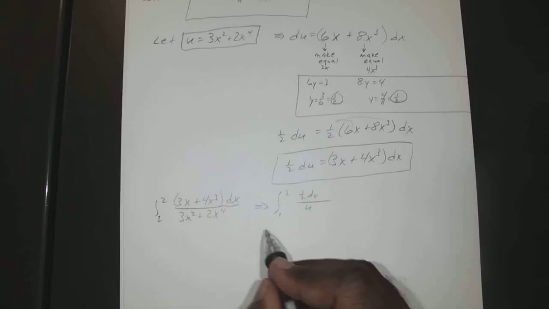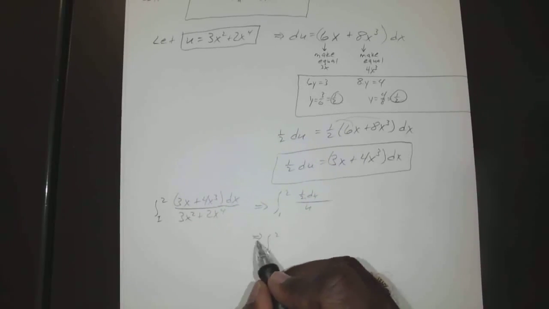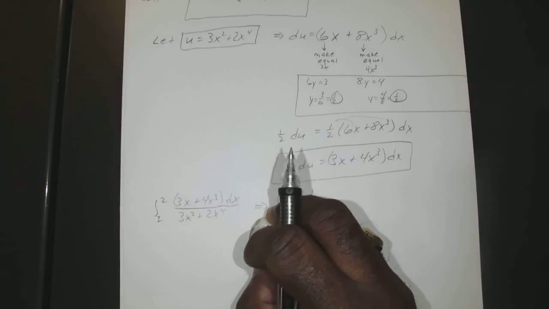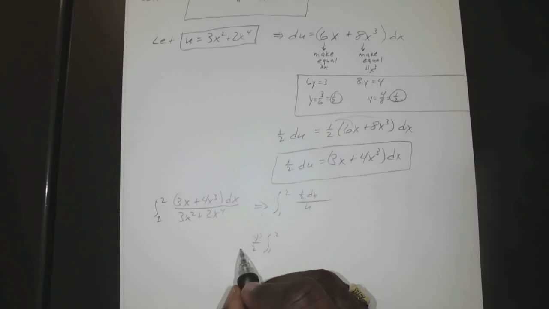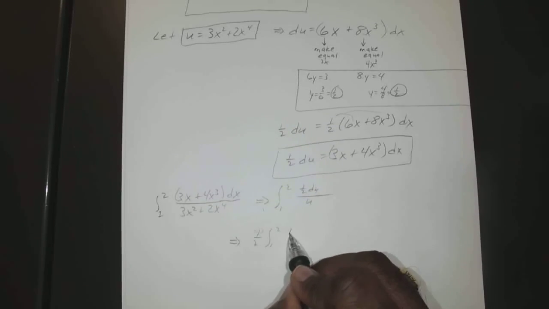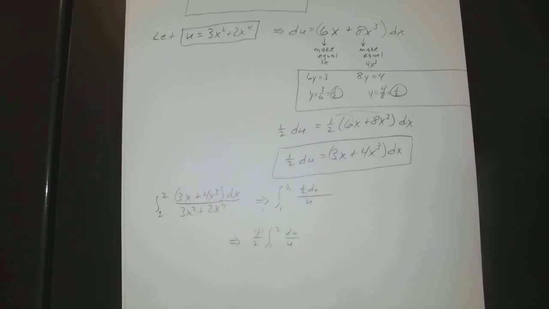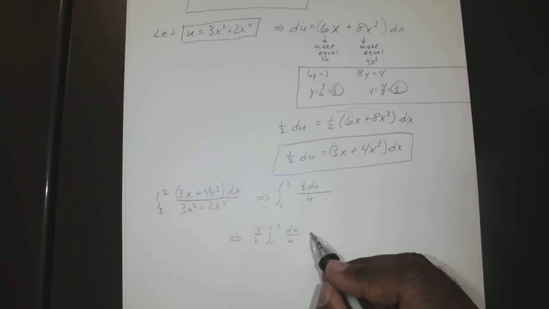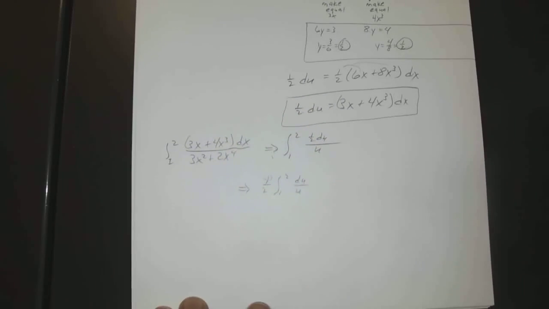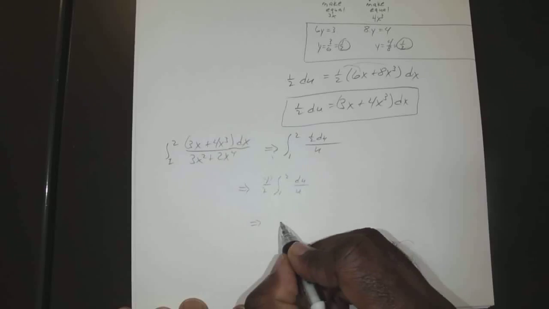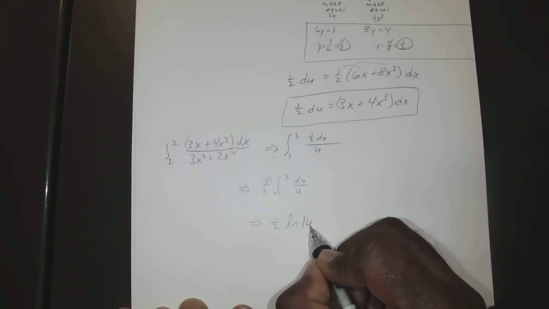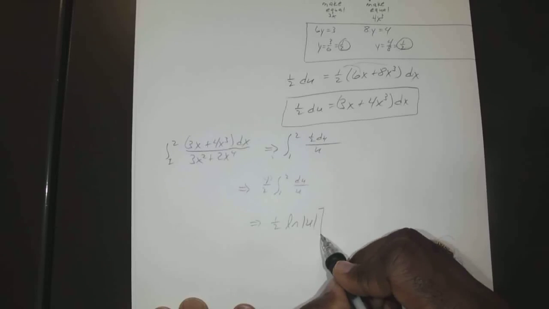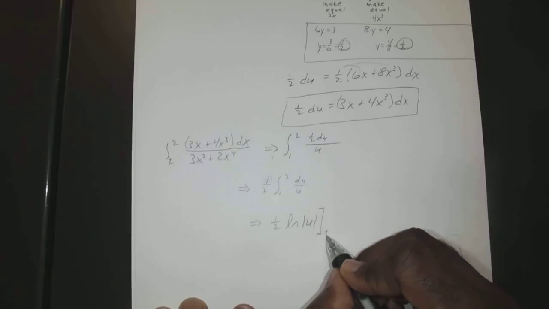Factor out that 1/2. We have the integral from 1 to 2, oh, forgot to put in my 1/2, du over u, which just becomes 1/2 times the natural log of the absolute value of u from 1 to 2.